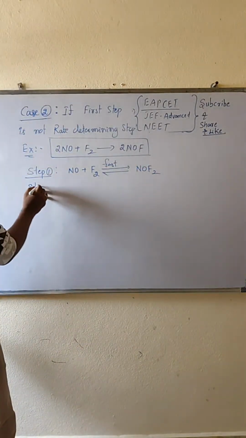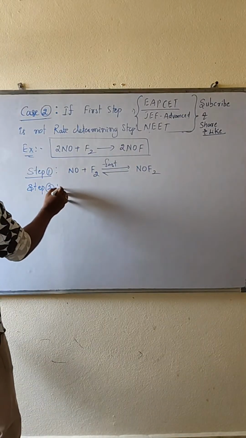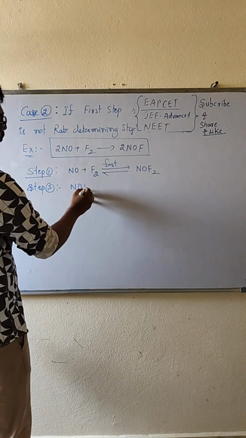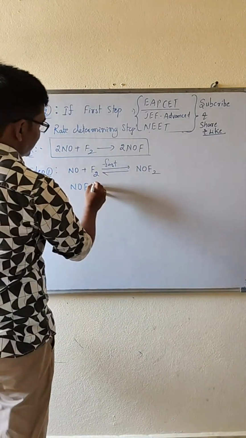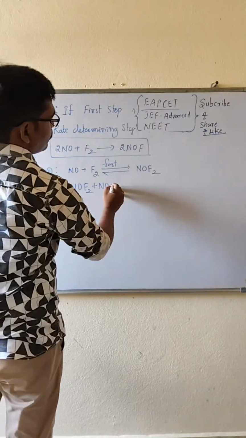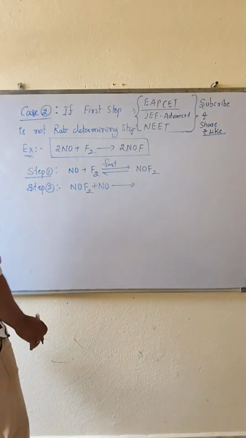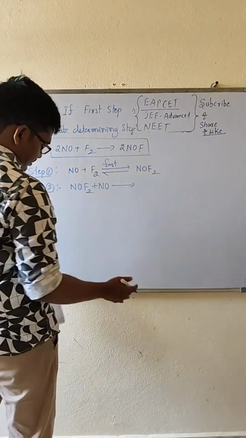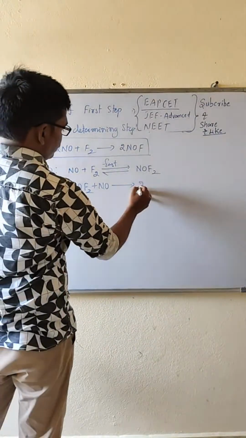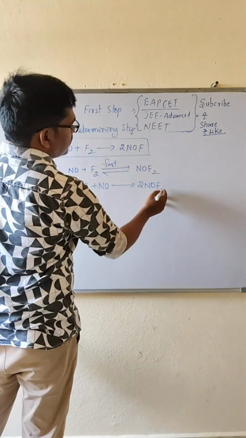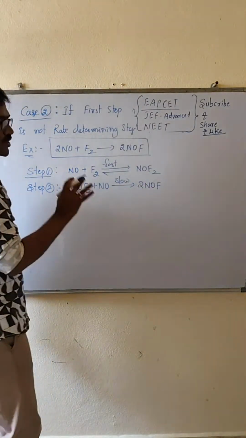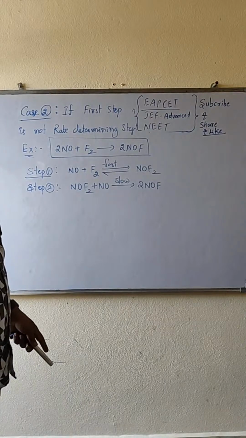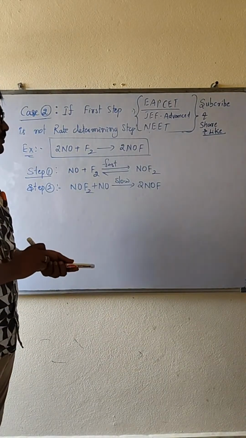Then step 2: NOF2 plus NO is converted into 2NOF. This is mentioned as a slow step. The reaction is given like this, one as a fast step and one as a slow step.